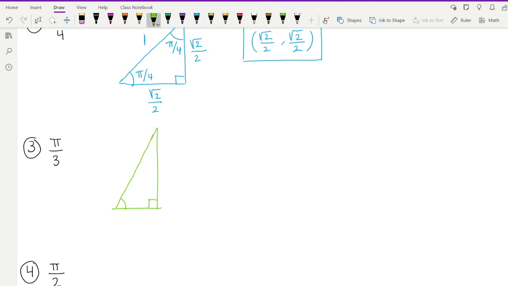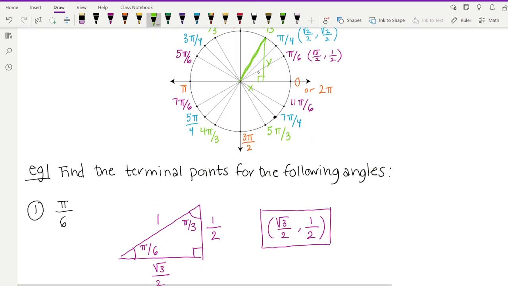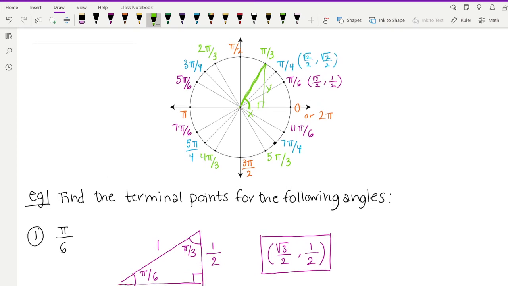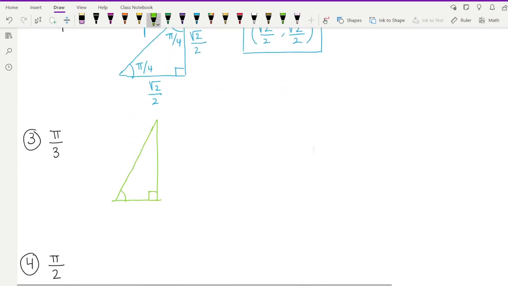In this case, the bottom angle is pi over 3, right? Because that's the angle that we're really measuring here. So this is pi over 3, and that means that this angle has to be pi over 6. Again, the hypotenuse is 1 because it's the radius of the circle, and we know that the shortest side is 1/2 and the longer leg is square root of 3 over 2.